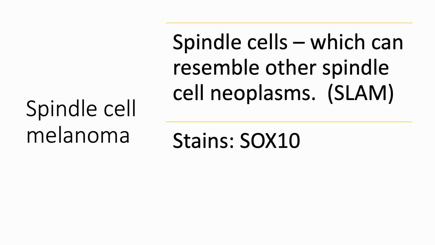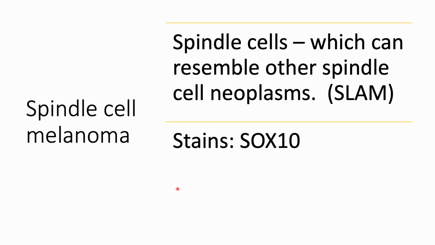There are two types of melanoma whose staining pattern is different, and they are very testable in your board or RISE exam. One of them is the spindle cell melanoma. In the spindle cell melanoma, the entire lesion looks more spindled, which can resemble other spindle cell neoplasms, the SLAM mnemonic. The stain of choice is SOX10.